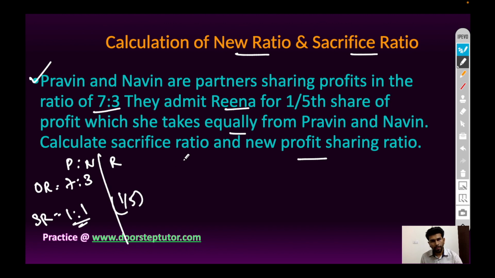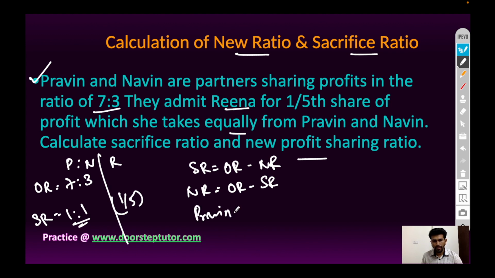To calculate the new profit sharing ratio, we already know the formula of sacrifice ratio, that is old ratio minus new ratio. So new ratio will be equal to old ratio minus sacrifice ratio. To calculate the new ratio of Praveen, we have old ratio 7 by 10 minus sacrifice ratio 1 by 2.